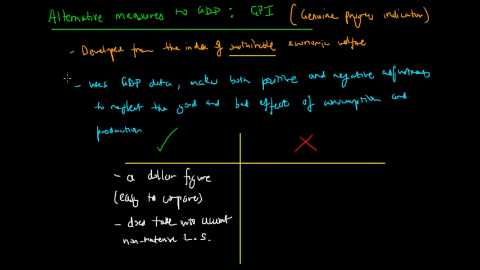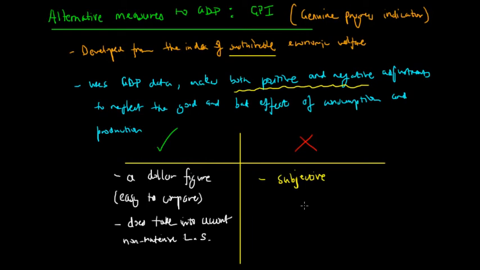However, disadvantages to this measure include that it is very subjective. So we know that GDP is then manipulated for both positive and negative effects, as per the definition. How do we make an objective discussion of what the value of these adjustments should be?